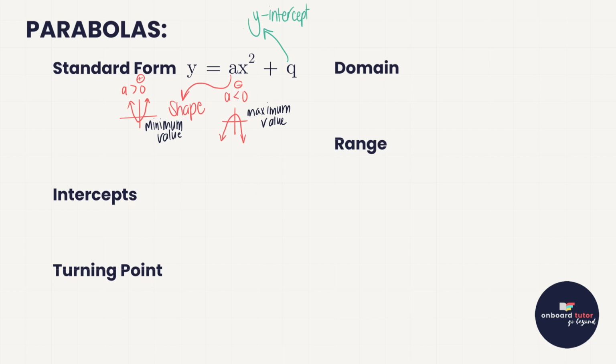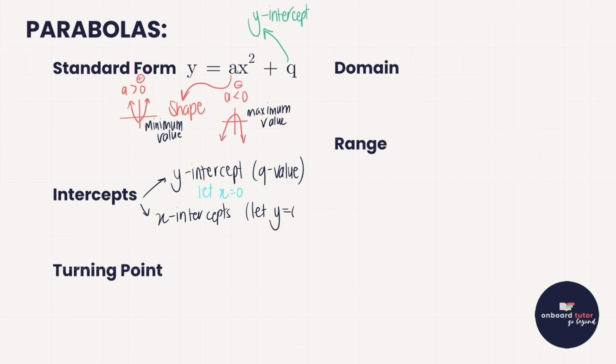In this case the y-intercept is relatively easy to get because we can actually read it from the graph. That's the q value. But like with any y-intercept, we can let x equal 0 and we can calculate it. That is possible. And then to get an x-intercept, or in this case, because it's squared, there'll be 2 x-intercepts, we let y equal 0.